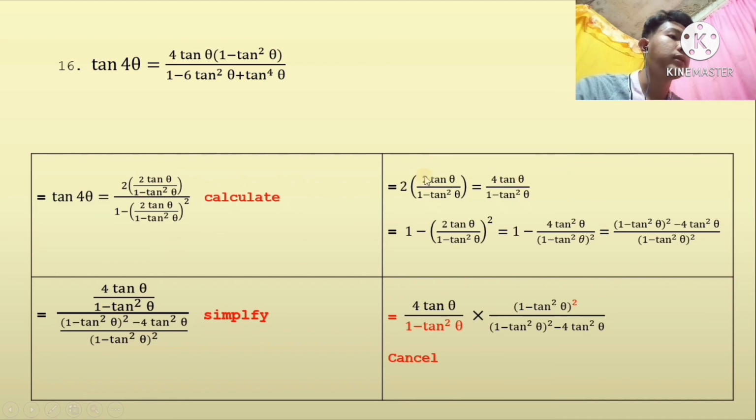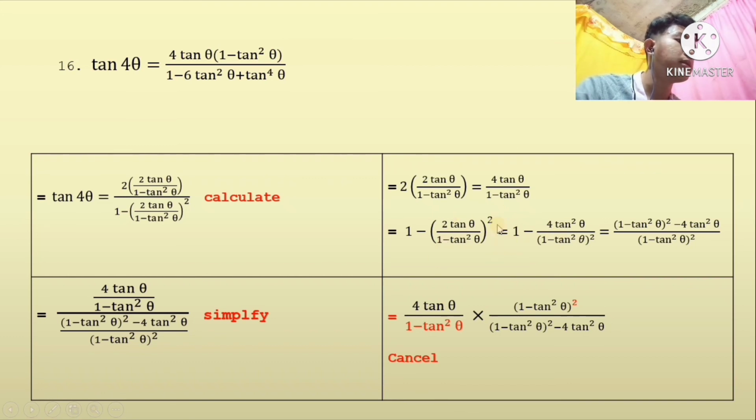So first calculate the numerator. So 2 times tangent theta over 1 minus tangent squared theta is equal to 4 tangent theta over 1 minus tangent squared theta. Then calculate the denominator, 1 minus the square of 2 tangent theta over 1 minus tangent squared theta.